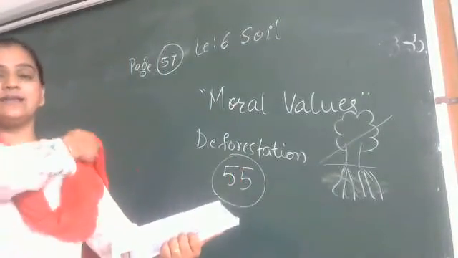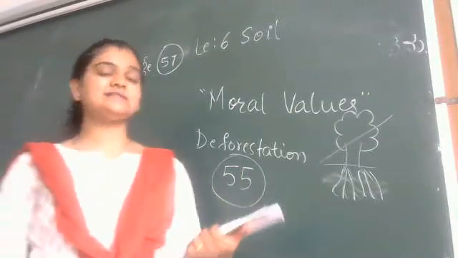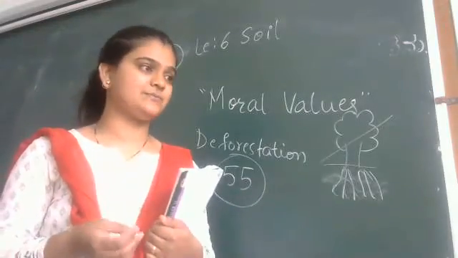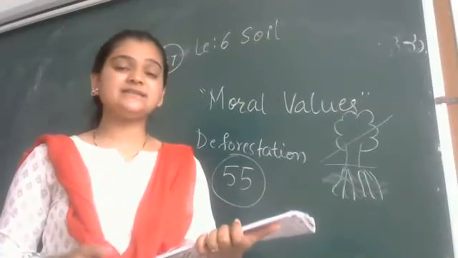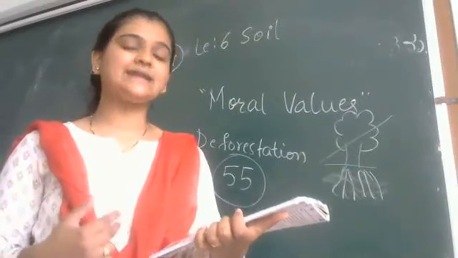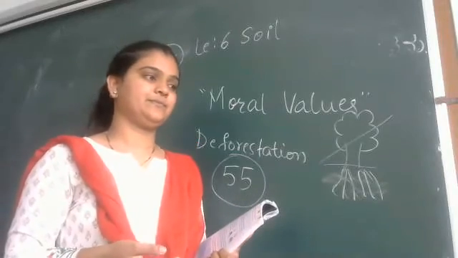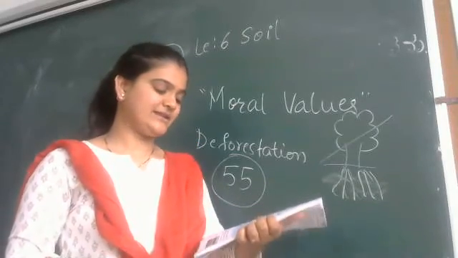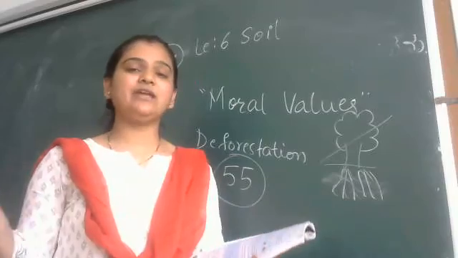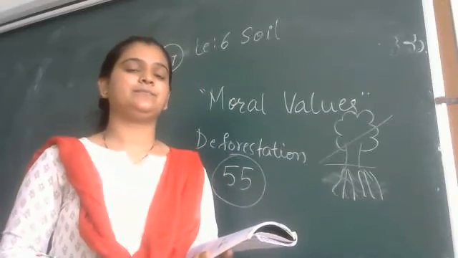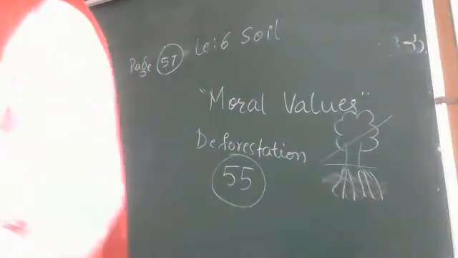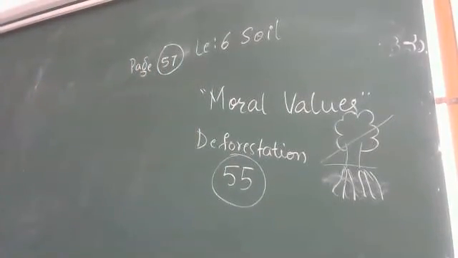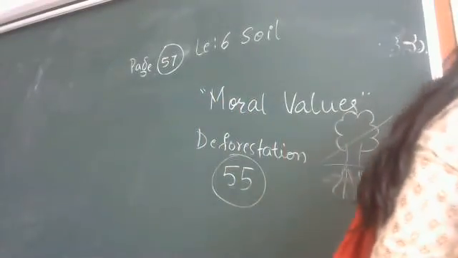Second one, made of the decayed remains of dead plants and animals: humus. The process by which rocks break down to form soil: weathering of rocks. The wearing away of the topsoil: soil erosion. Very good. I hope the lesson is very clear to everyone.